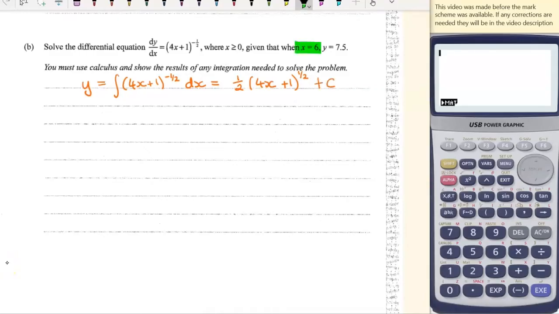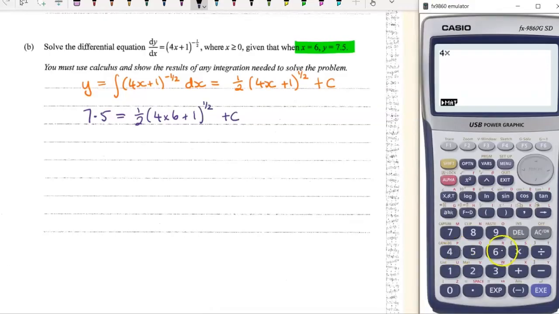And we can work out the plus c by using these two values here. So if y is 7.5, that will be equal to a half of 4 times 6 plus 1 to the half plus c. Okay, so 4 times 6 plus 1, that's 25. We need to do the square root of that because that's what the power of a half means.